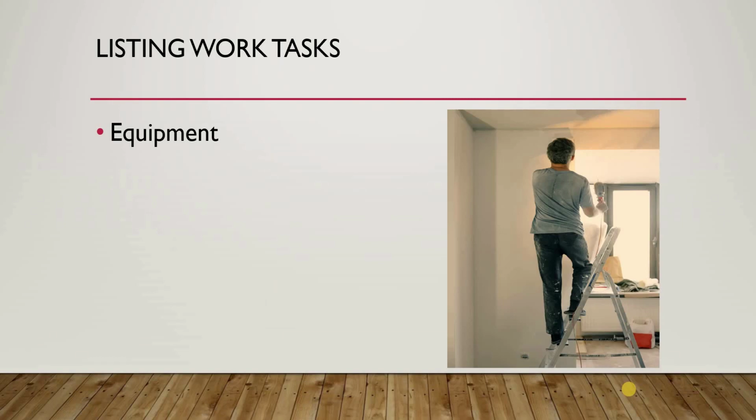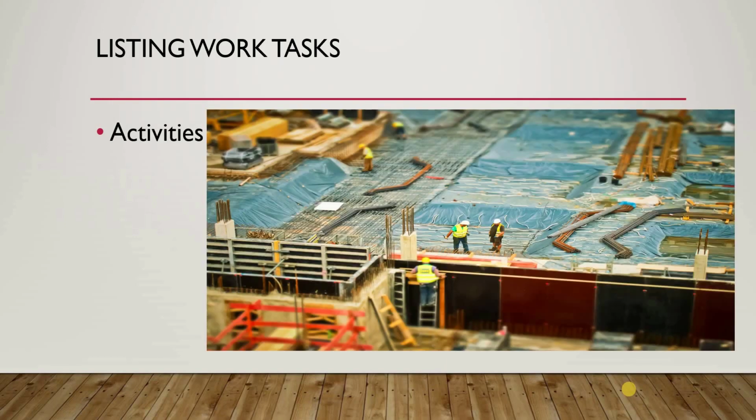Then we have to think about the equipment with which workers are working. Those may be ladders, different machineries and different kinds of things in the workforce environment. Then we have to think about what activities the workers are performing in the workforce area.